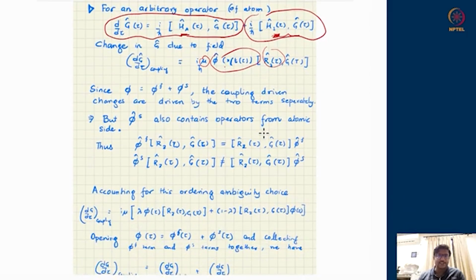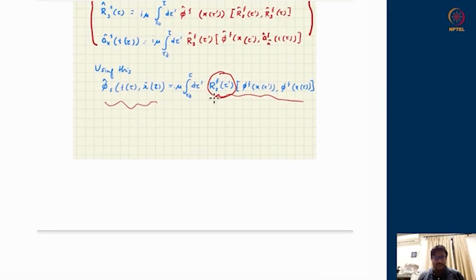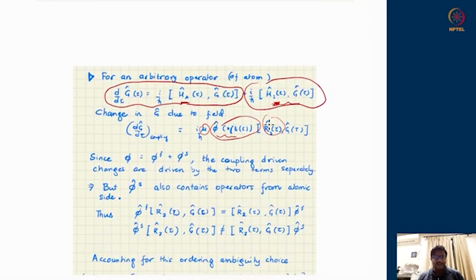Okay, so as you see, again we have the same philosophy which we discussed about, that this is made from phi f and phi s. So there is a phi s sitting over here as well. Now remember the expression of phi s which we just derived. Phi s depends on the atomic operators as well. So when I said that phi and atoms are different Hilbert space operators, that was a statement for free field theory.